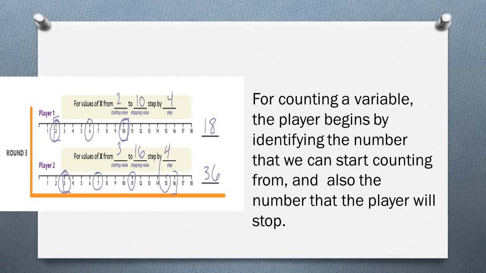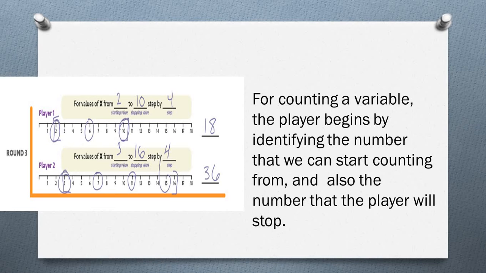It says that this interval will begin at 3 and is to stop at 16, and it should count by 4. So the starting point was circled 3 and the ending point was circled 16. Now from 3, if you add 4, it will give you 7. Add 4 to 7, it gives you 11.